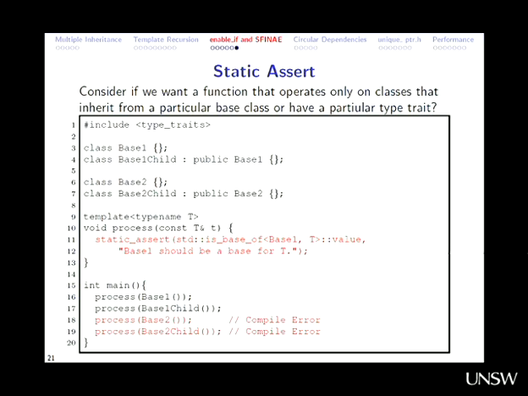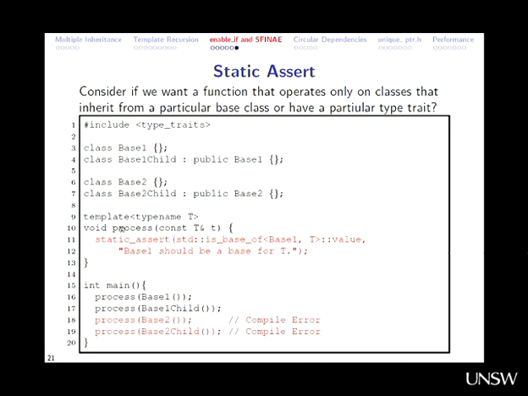So I have an example here where I've got 4 classes. I've got a class base 1 and then a child class of base 1 which inherits from that. I have base 2, and a child class of base 2, which inherits from that base as well. So I've got 4 classes, and 2 of these classes inherit. I have a templated function that will take in a type T, so it should be generated for all 4 of these things.